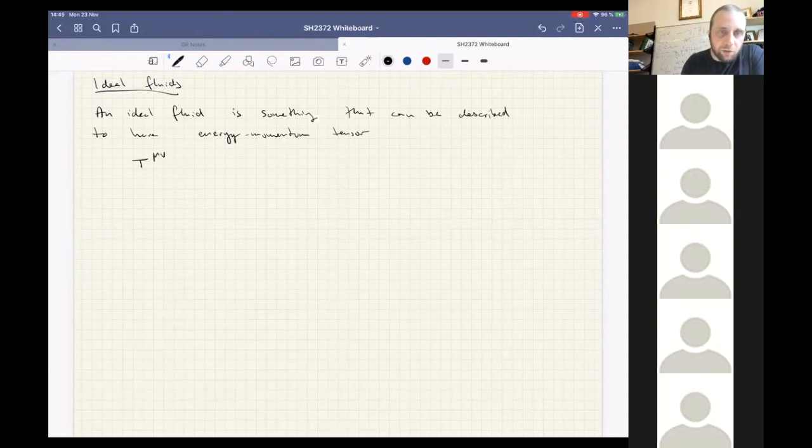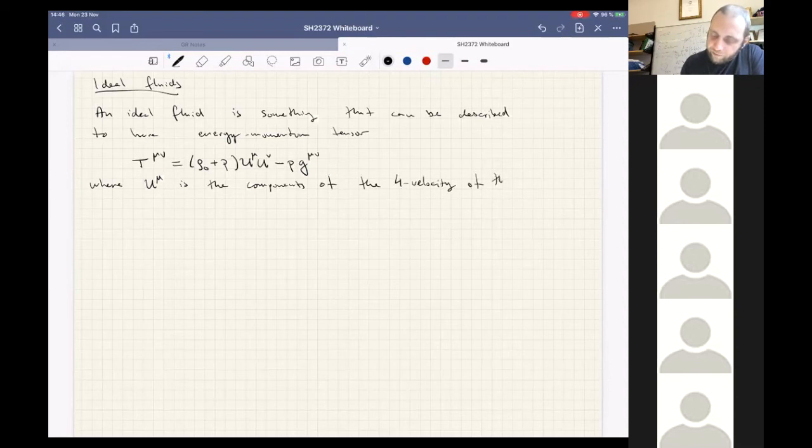So T mu nu equals rho 0 plus p, u mu u nu, actually it should be a small p, use the same, minus p g mu nu, where u mu is the components of the forward velocity of the rest frame of the fluid.